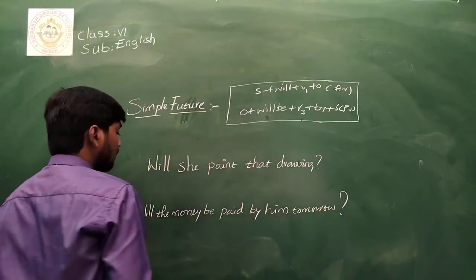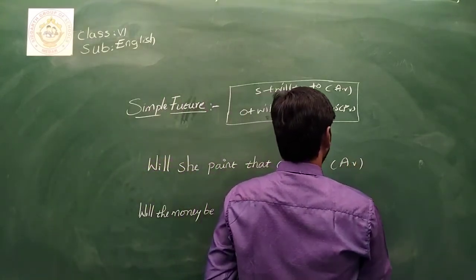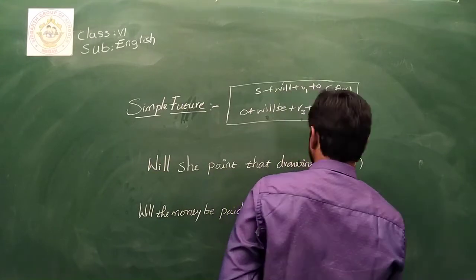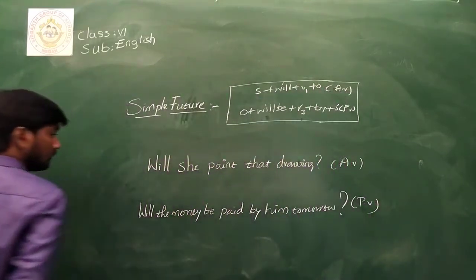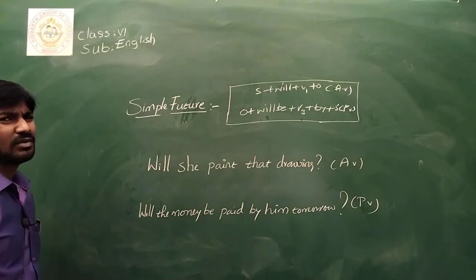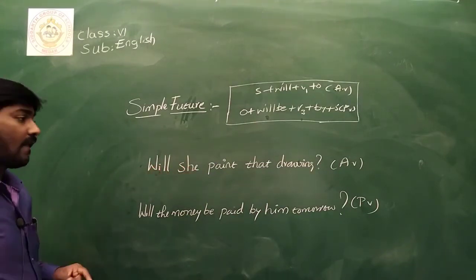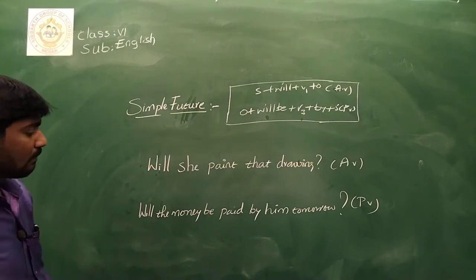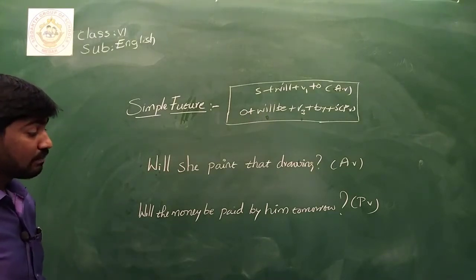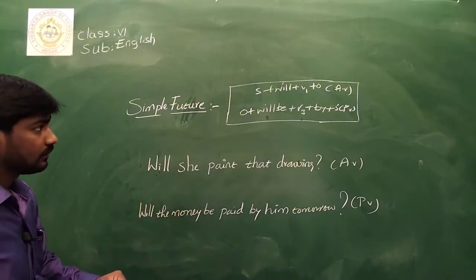Will the money be paid by him tomorrow? Active voice, passive voice. These two are your examples. Look at these examples, very simple. Will she paint that drawing? Will the money be paid? Will the money be paid by him tomorrow?